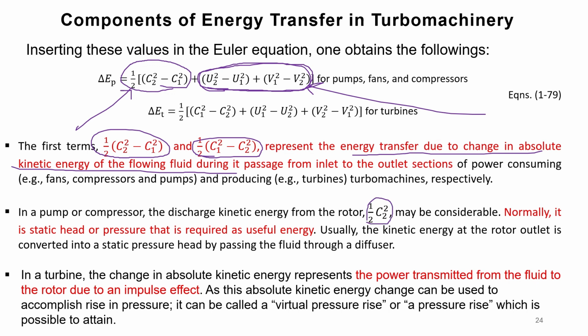Now we can safely say that in a pump or compressor, the discharged kinetic energy from the rotor, so the rotor is giving me a kinetic energy that is equal to half c2 square, and that's what is happening. The pump is adding a kinetic energy to the flow.